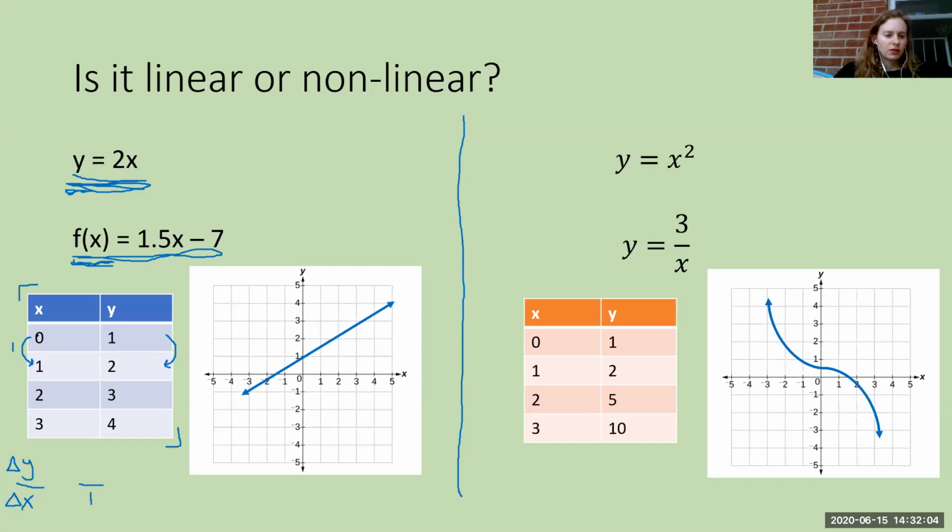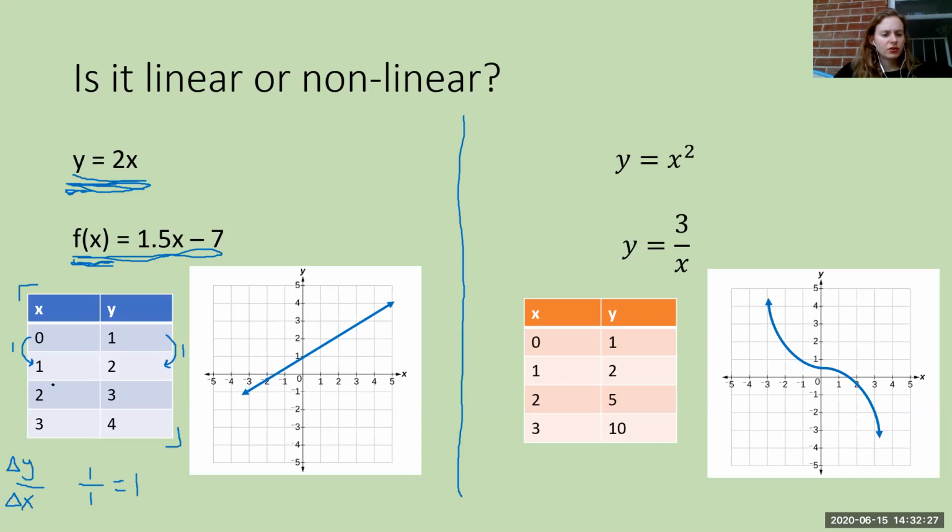So when we went from 0 to 1 in the x column, we went from 1 to 2 in the y column. And that also was an increase of 1. So our change in y was 1. Now what happens when you simplify 1 to 1 or 1 over 1? Well, any number divided by itself is just 1.